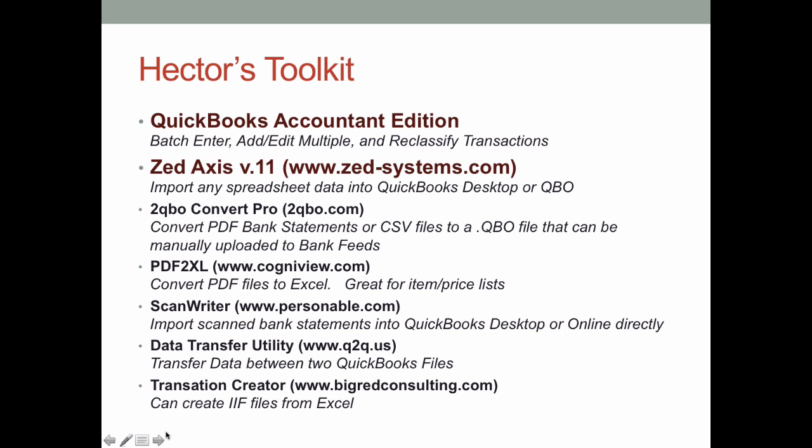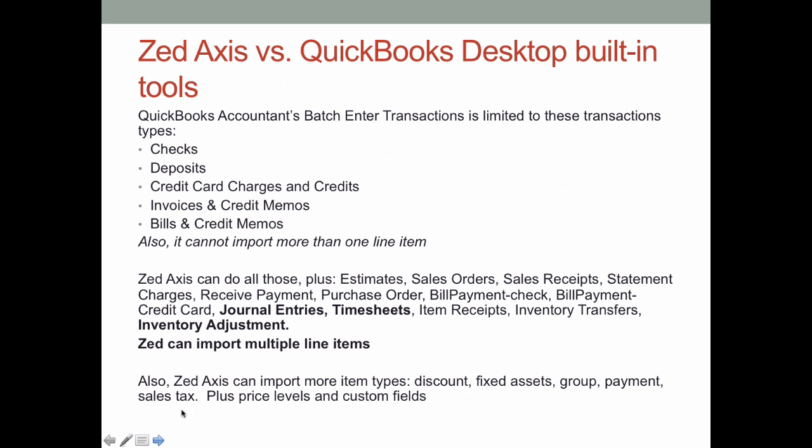There's a couple of really important points I want to make before we close this up. Again, one of the main concerns here is, if I have QuickBooks batch enter tool, why would I need a third party tool? In a nutshell, I think that if you can manage to import everything within the built-in tool, batch enter, I strongly recommend that you do.